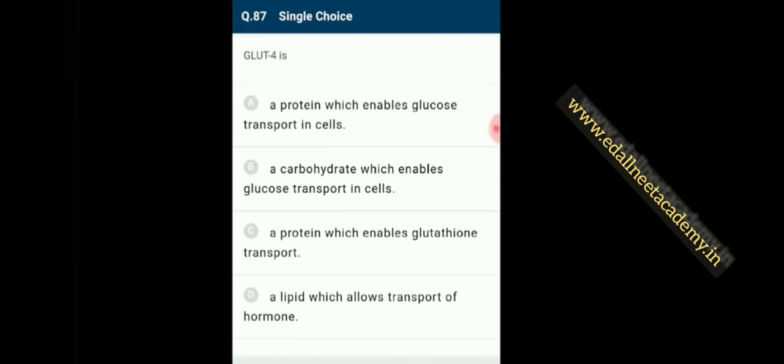It is primarily found in adipose tissue and striated muscles, otherwise called skeletal and cardiac muscles. GLUT4 is an insulin regulated glucose transporter that permits facilitated diffusion of blood glucose down its concentration gradient. So the answer for this question is option A. GLUT4 is a protein which enables glucose transport in cells.